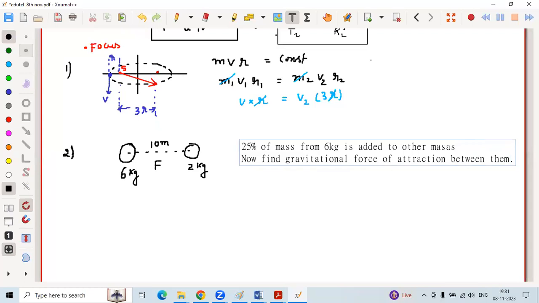You need to understand. The masses are 6 kg and 2 kg. Then I removed 25% of the mass from 6 kg and added it to the 2 kg. After doing that, what is the force of attraction between them? Options will be F, 2F, F by 2, F by 3 like that. I'll give you 2 minutes.